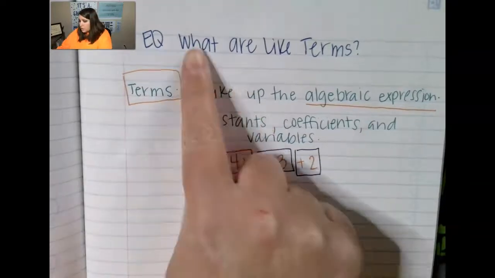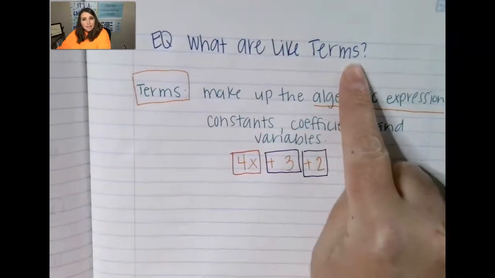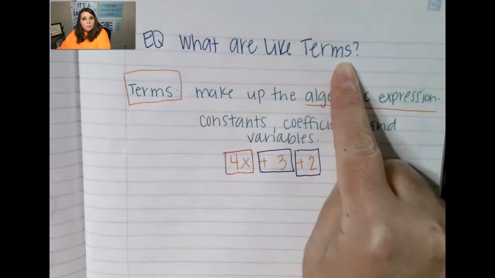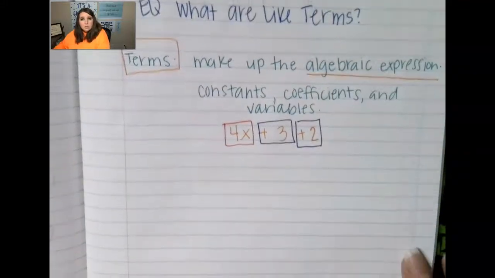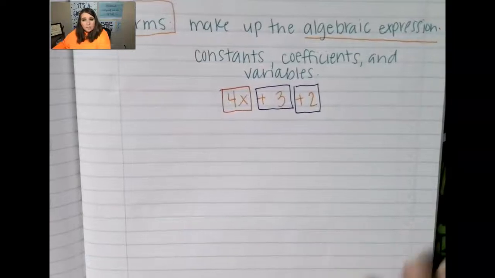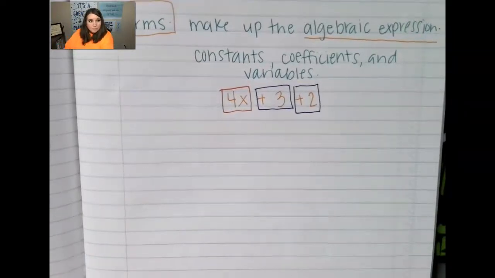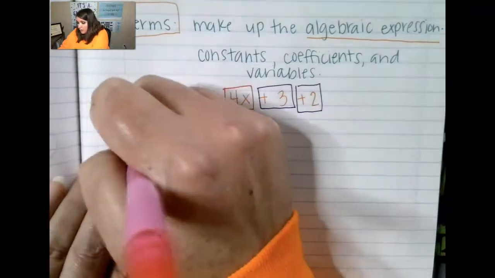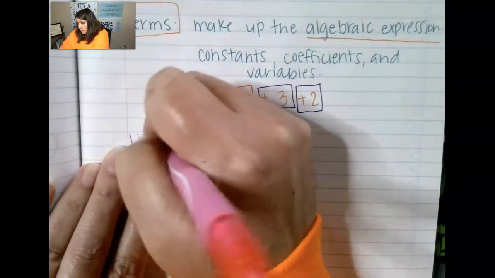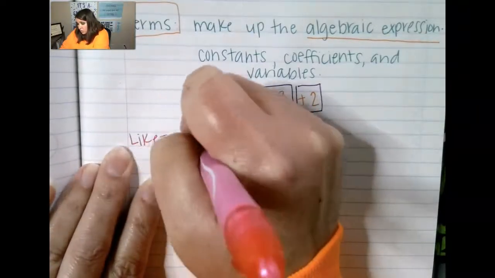So our question that we're looking at today is like terms. What are like terms and how do we find like terms? So I'm just going to scooch this up and let's talk about things that are the same. So like terms have variables that are the same. Again, still terms.